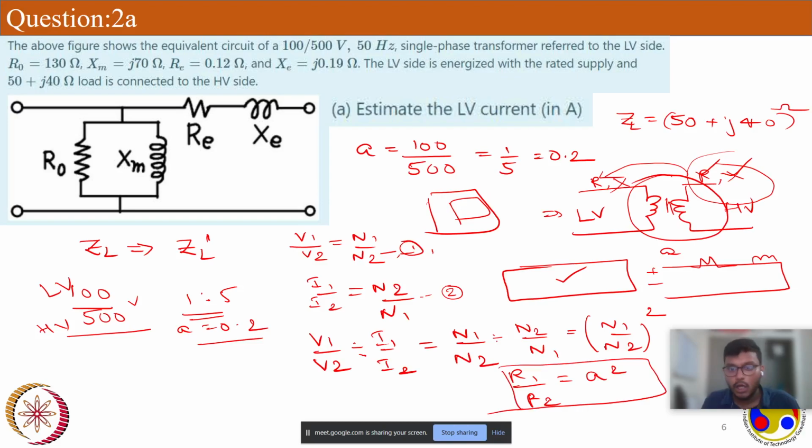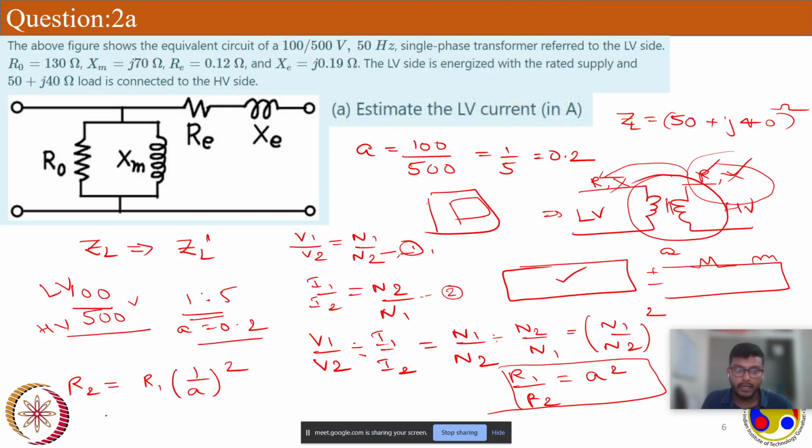Now, this relation we got is R2 is equals to R1 into 1 by A square. Now, let's say R1 is LV side, R2 is HV side.